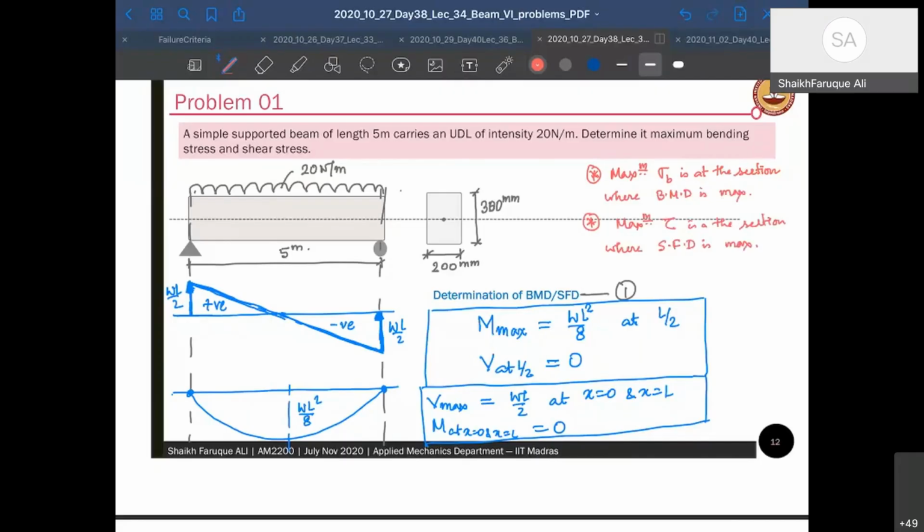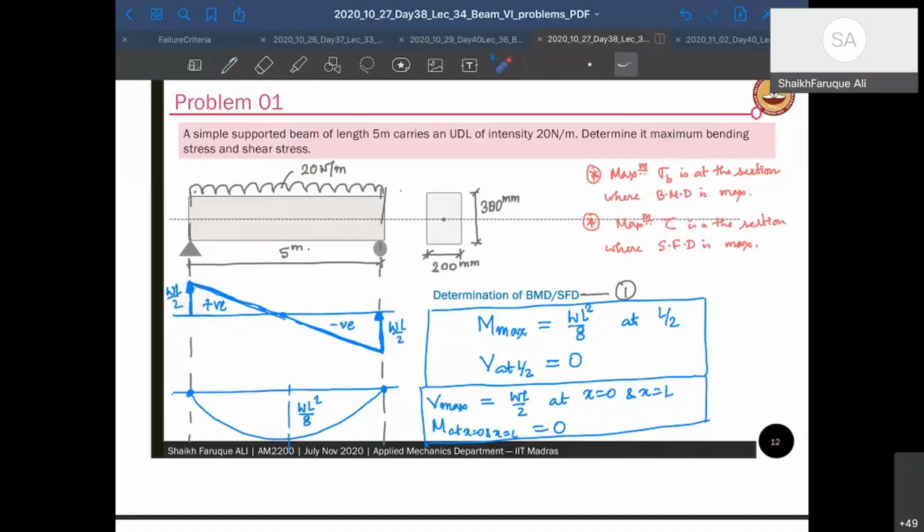Okay, BMD and SFD. Now if I draw BMD and SFD for the structure, I can see that SFD is maximum at the boundaries, whereas BMD is maximum at the center. So when I design and check it, I have to check for the maximum value. If it is safe at the maximum value, it will be safe for any other values.